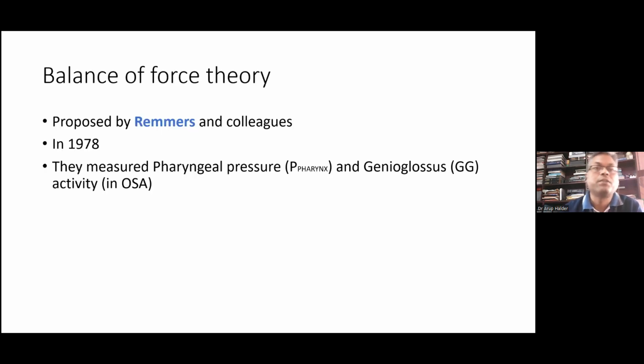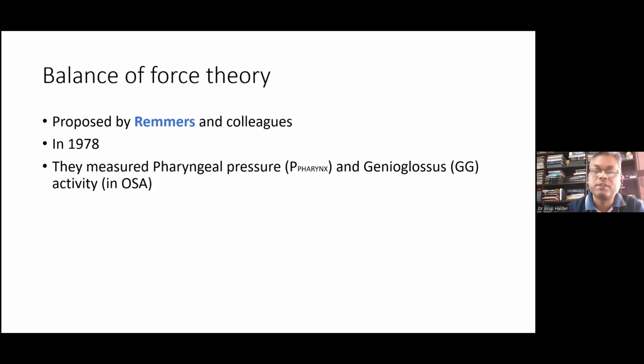But Remmers in 1978 opposed this idea, and this is known as Remmers' model. He measured the pharyngeal pressure, which is the endoluminal pressure in the upper airway during sleep, and the tone of the genioglossus muscle, which is the main upper airway dilator muscle.